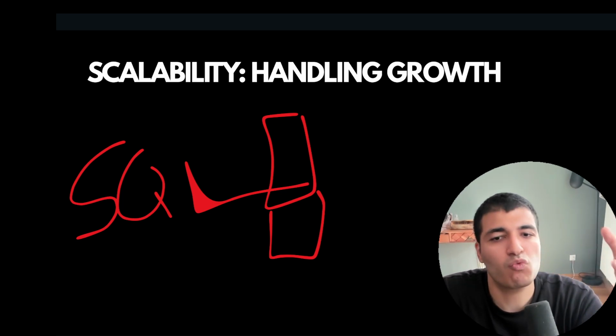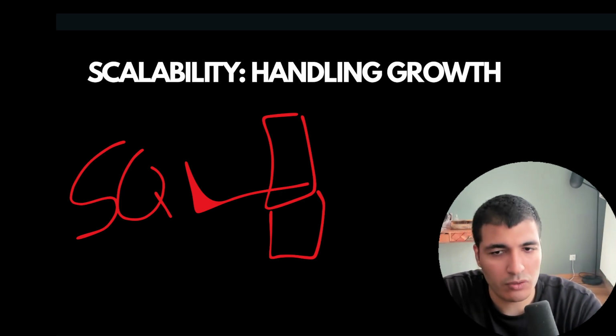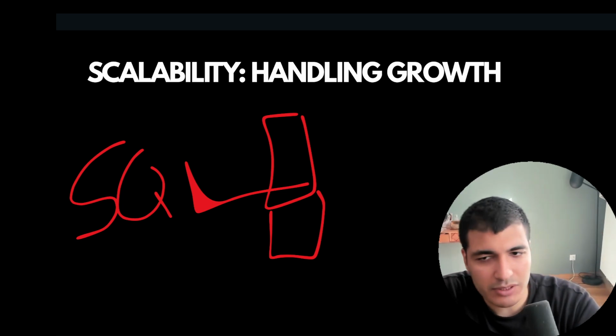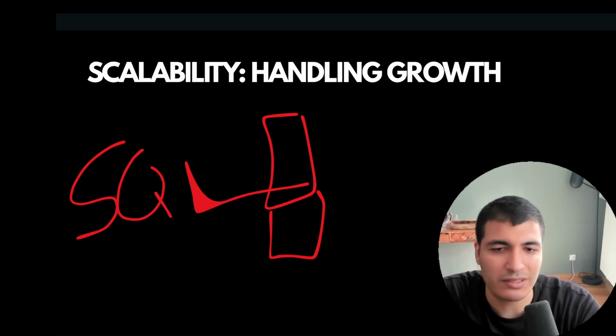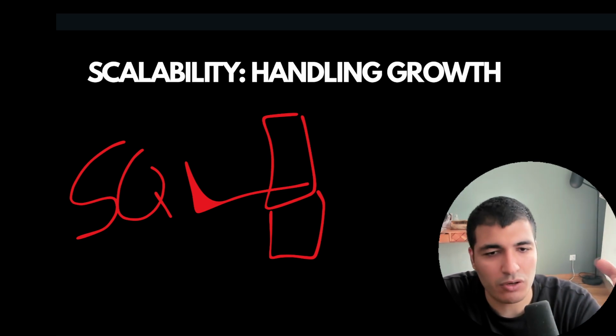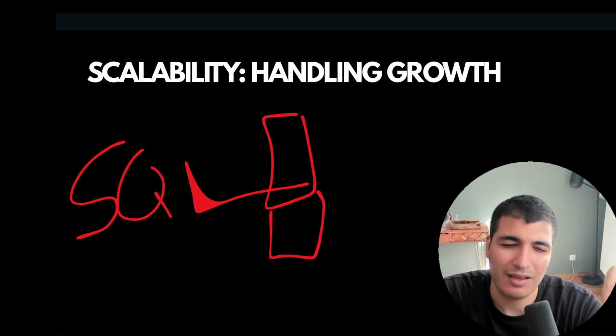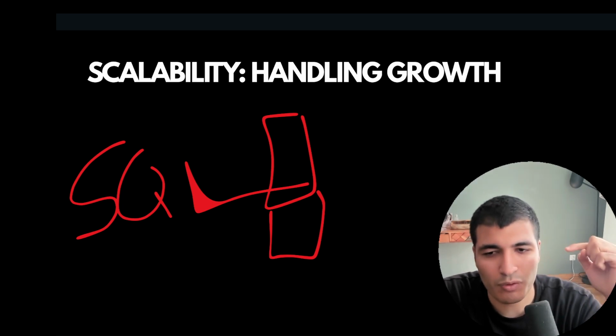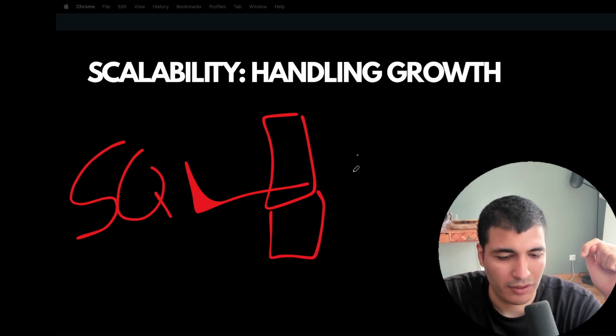While this can work well for moderate loads, it has its limits. Eventually, you will hit the maximum capacity of a single machine. Furthermore, maintaining the ACID properties across multiple servers for horizontal scaling is a really complex challenge for many traditional SQL databases.